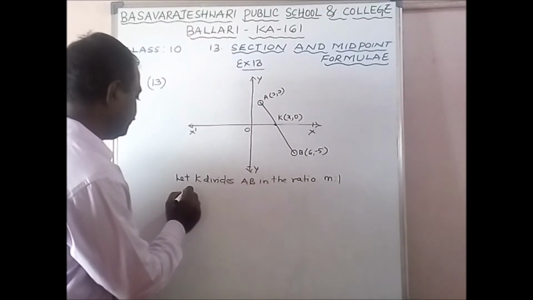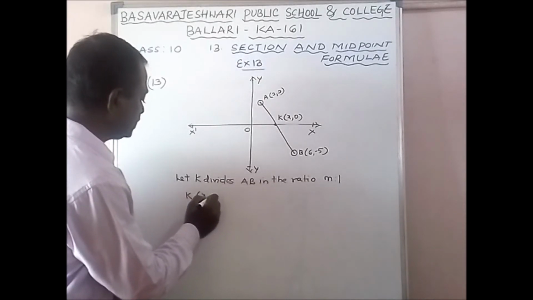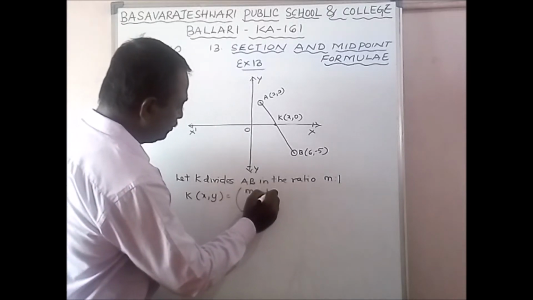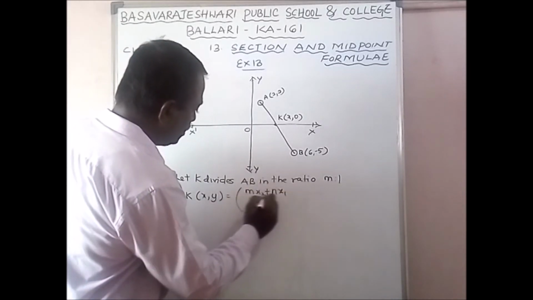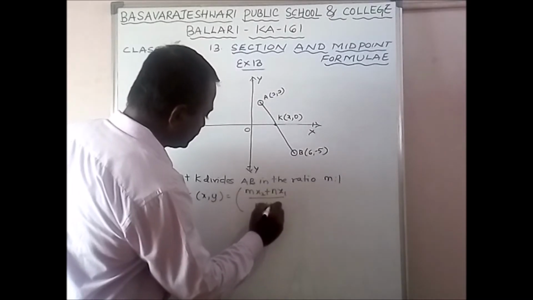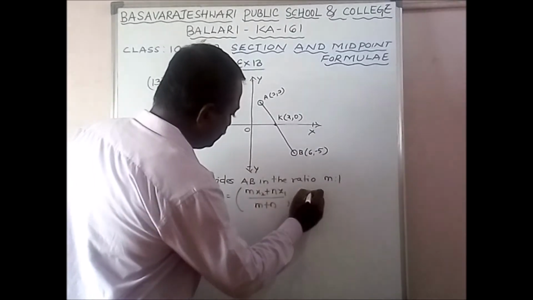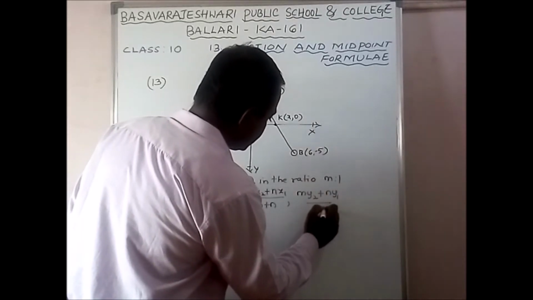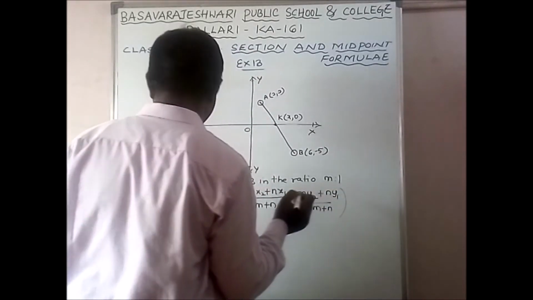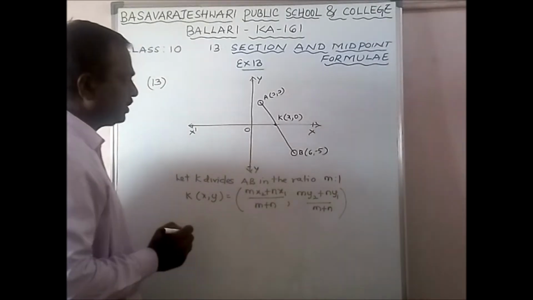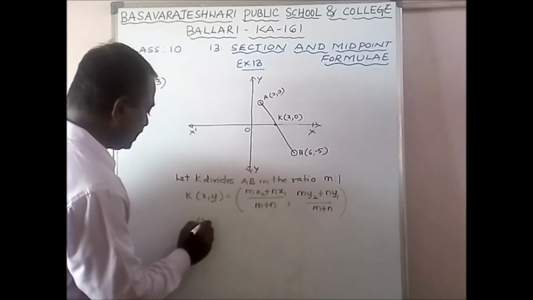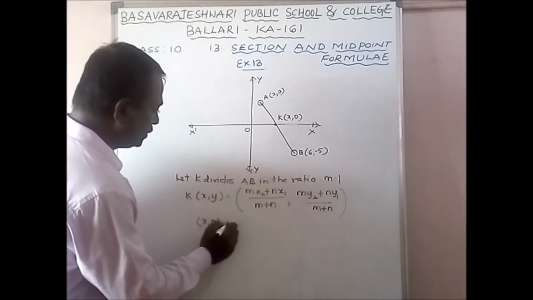Now what is the formula? K(x, y) is equal to the section formula, (m x2 plus n x1) by (m plus n), (m y2 plus n y1) by (m plus n). Correct? So now we have to substitute the values. K is (x, 0).